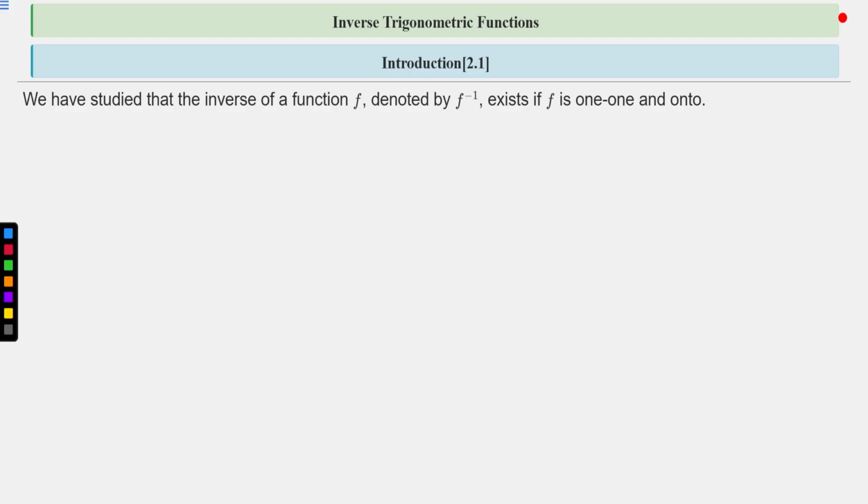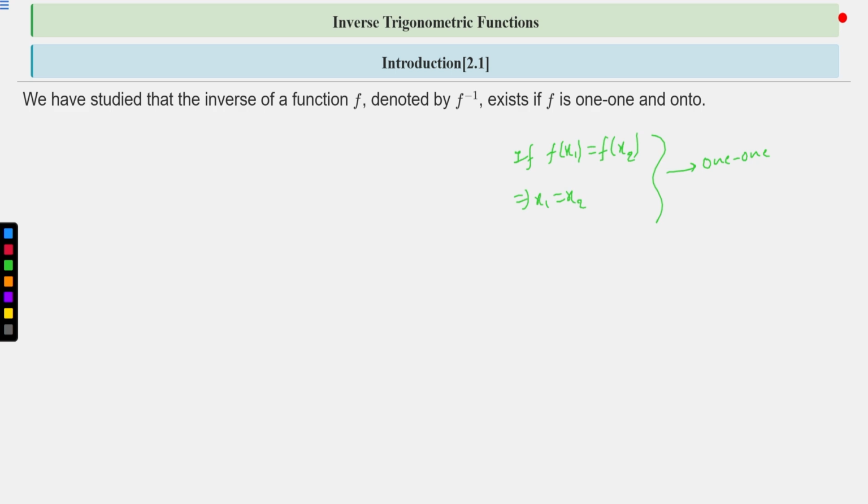So what is a 1-1 function and what is an onto function? We have already discussed in previous classes that a 1-1 function is, suppose f of x1 is equal to f of x2, then this implies x1 is equal to x2, then we can say that the function is a 1-1 function, right?